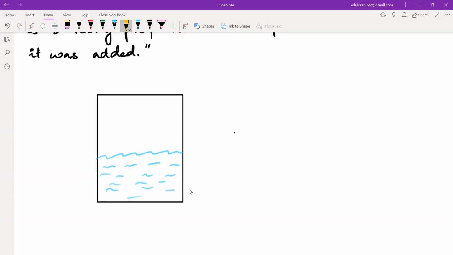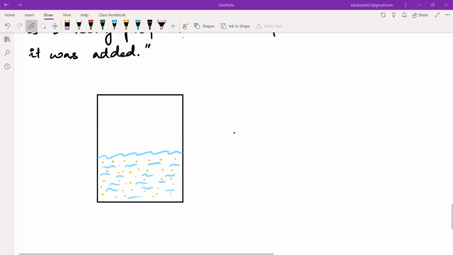And you have added some gas particles here.